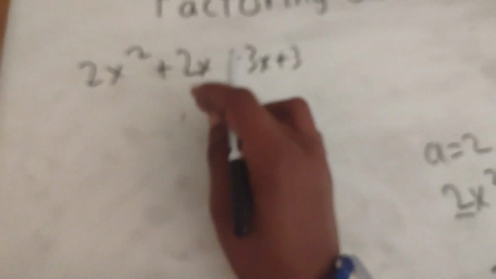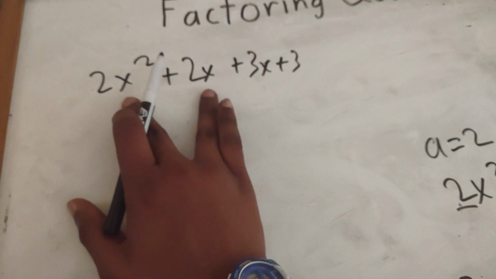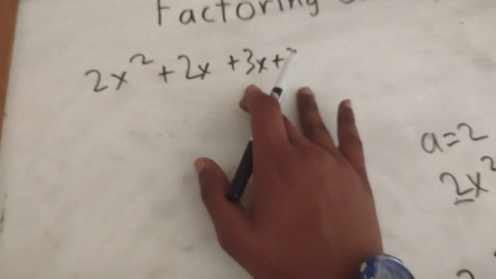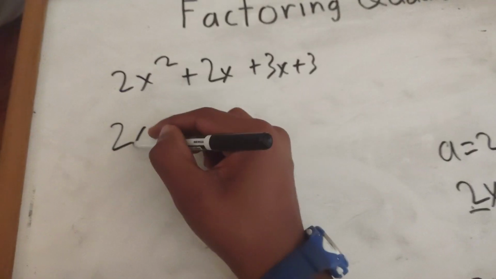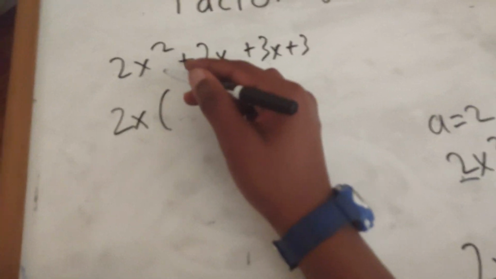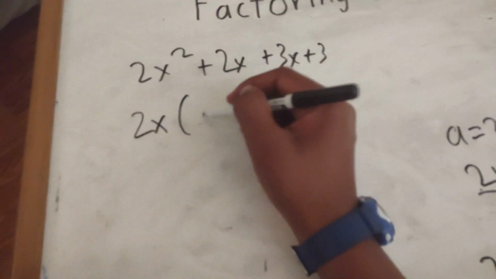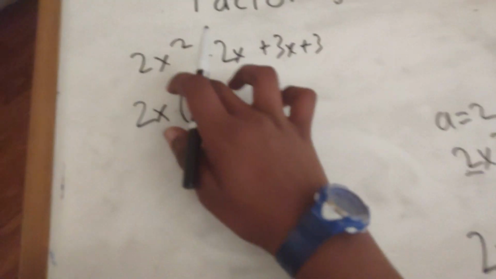Now you want to factor out a common factor in the first two terms and a common factor in the second two terms. A common factor in the first two terms is 2x. If you factor out 2x from 2x squared, you'll be left with x, because what do you multiply by 2x to get 2x squared?